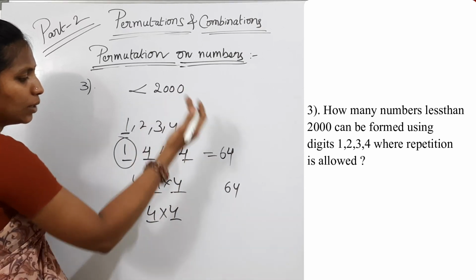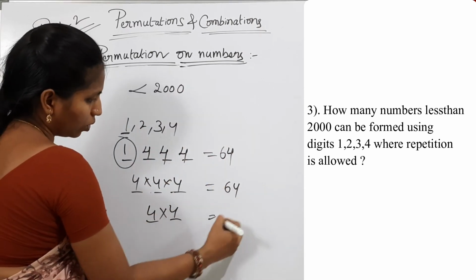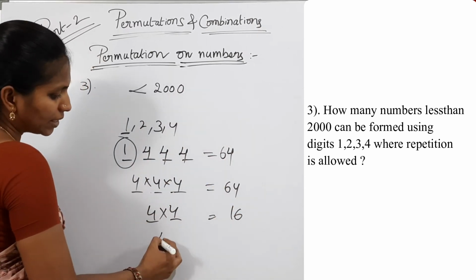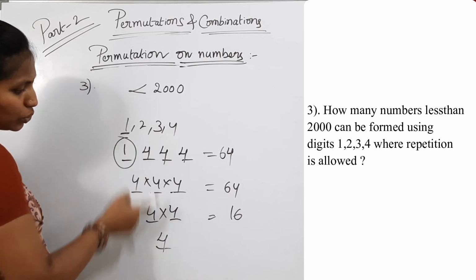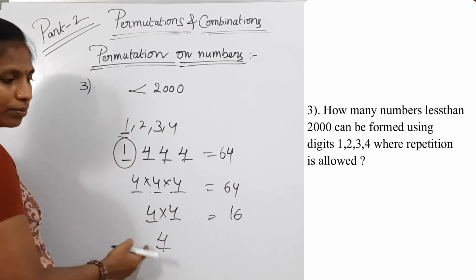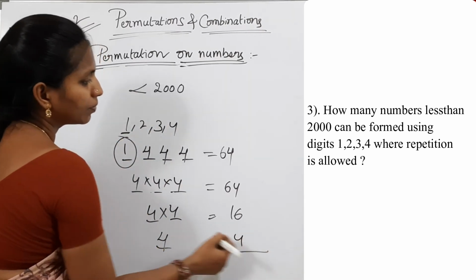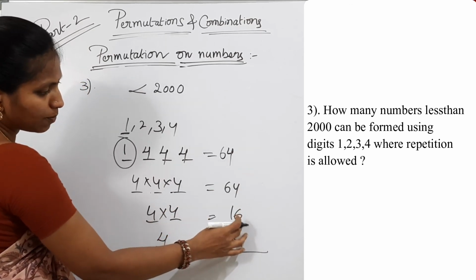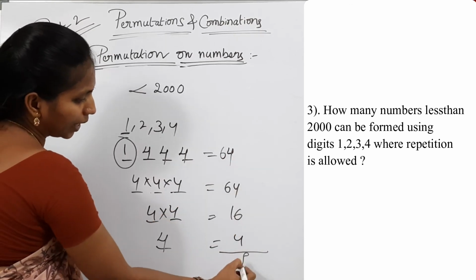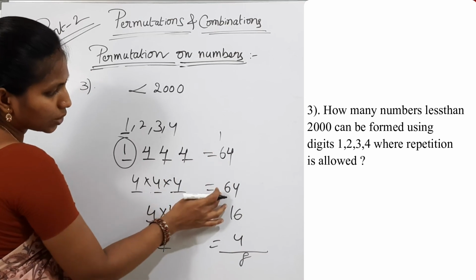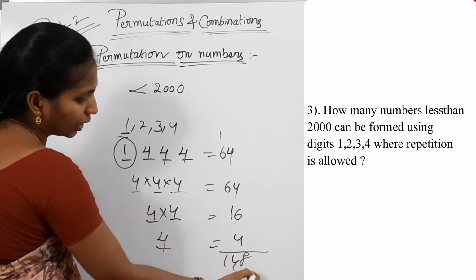All these are less than 2000. 1-digit: 4 ways. 64 plus 64 plus 16 plus 4 is 148.